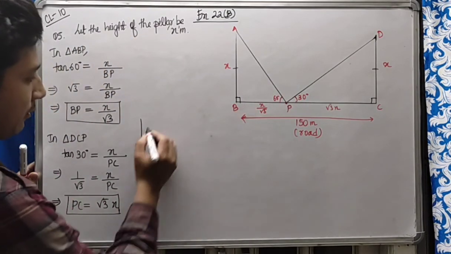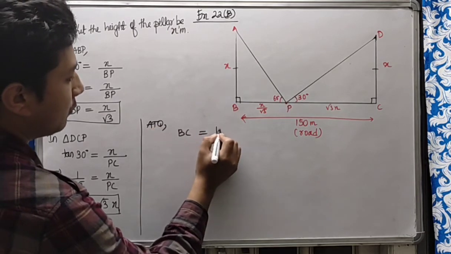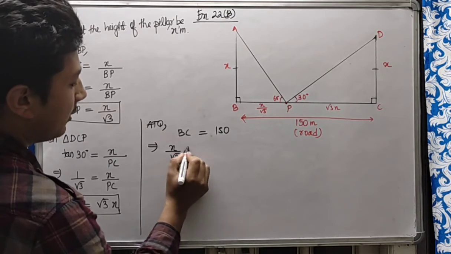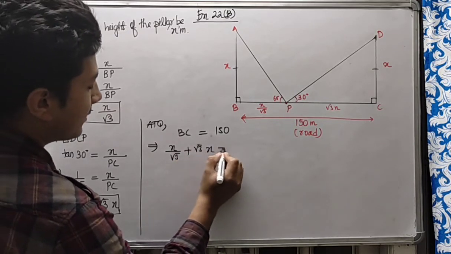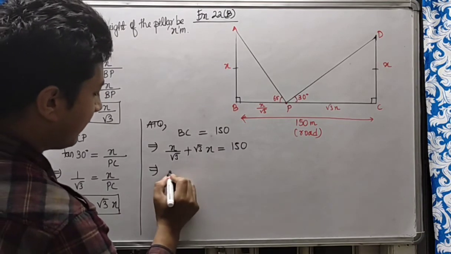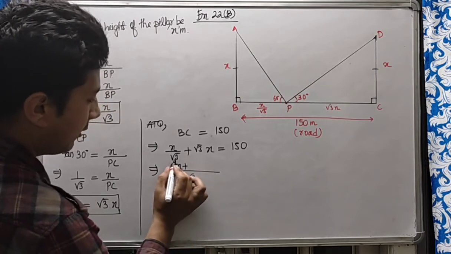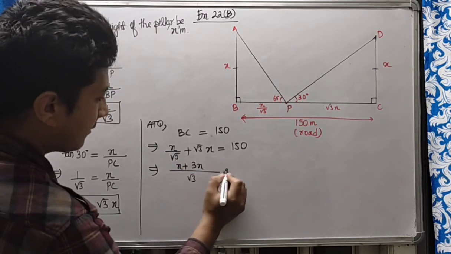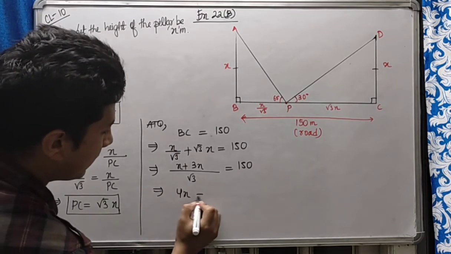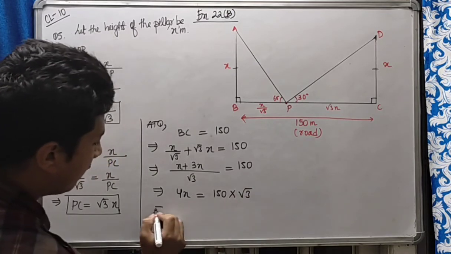I hope you're clear with this. According to the question, BC is equal to 150. So BC means x by root 3 plus root 3x is equal to 150. Let's take the LCM, which is root 3, so I'll be getting x plus root 3 into root 3x, which is 3x, equal to 150. Therefore 4x is equal to 150 into root 3. Let's put the value of root 3.